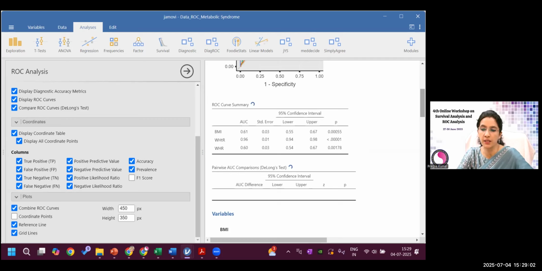It will give you the output of all the cutoffs of BMI with waist hip ratio, because in the previous command, it has given you only one cutoff, taking this Youden's index. But if you want to decide on your own, if you want to have more sensitivity or more specificity, then you can check each of these points.